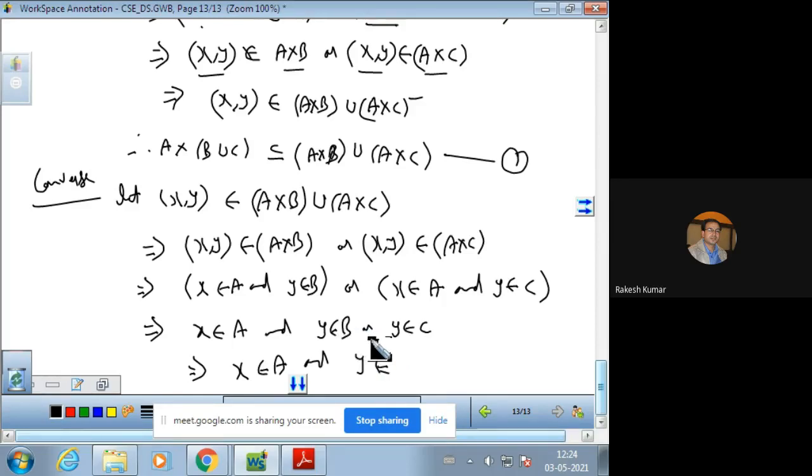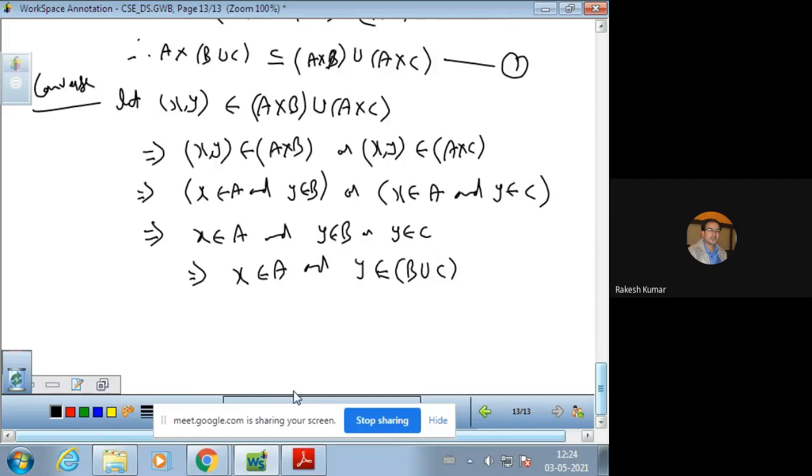Now y belongs to B or y belongs to C can be written as y belongs to B union C. So it will give us that x belongs to A, and the xy ordered pair, because x is lying in set A and y is lying in the set B union C. So the xy ordered pair will lie in the cross product of these two sets.